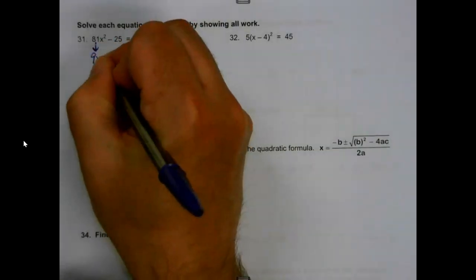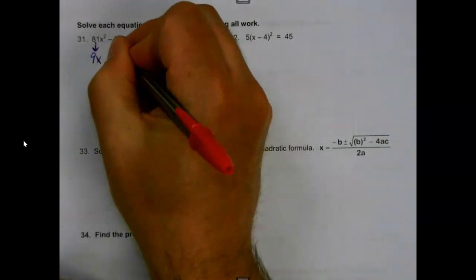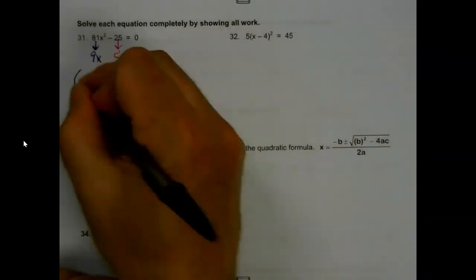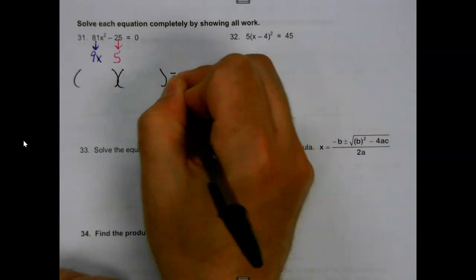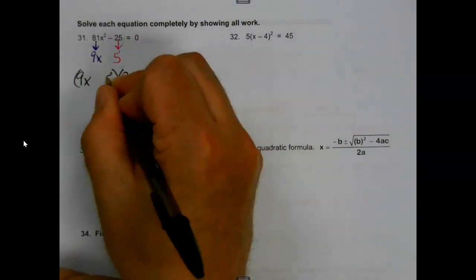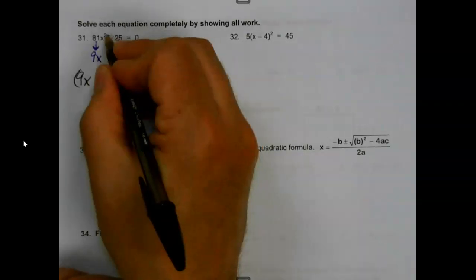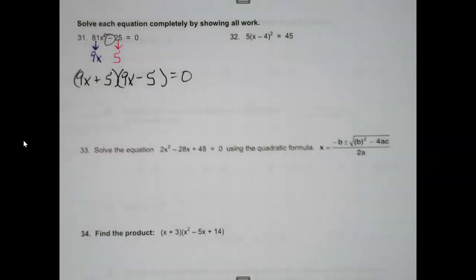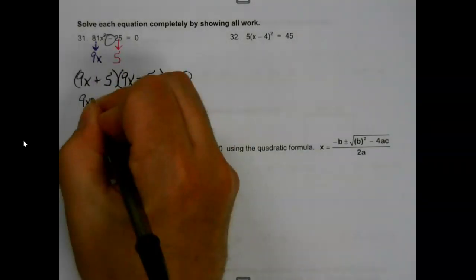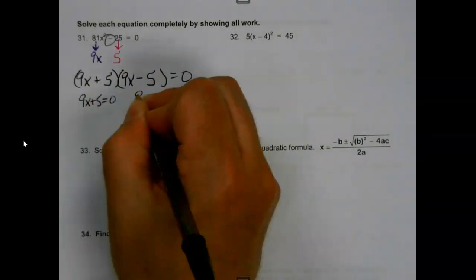Okay, perfect squares. How do I know this, Hardy? I got my notes. I'm not even going to act like there's anything else to it. First term, second term. The minus means it's one of each sign. Set those each equal to 0.